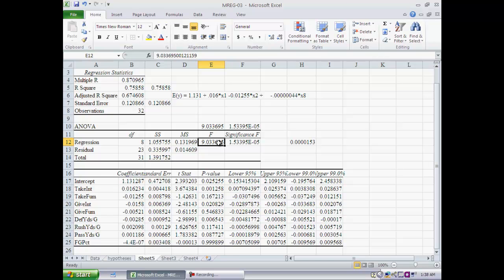So from the result of this ANOVA analysis, this F test, we conclude that the 8 independent variables collectively are significant. They help explain the variability in the dependent variable, and I could go ahead and use the regression equation that I've generated here using the 8 independent variables.